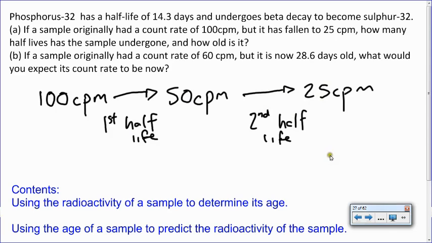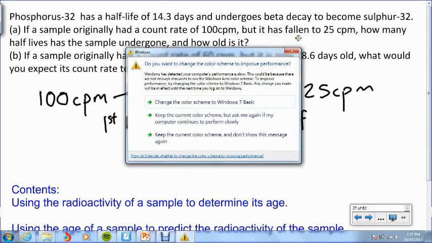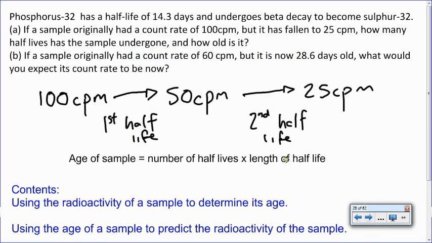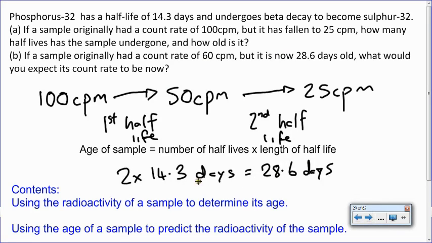So it's asking us to find out how old the sample is. Now what we need to do is use the information we've jotted down here with the information in the question. We know a half-life is 14.3 days. So what we can do is use the equation we looked at the beginning, and then substitute in the numbers.